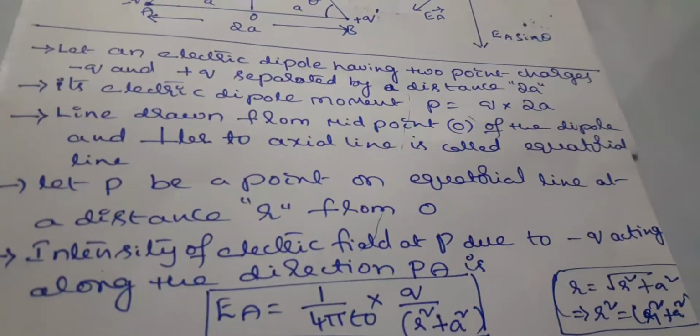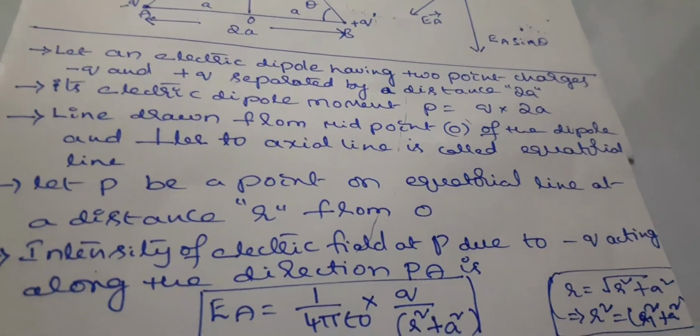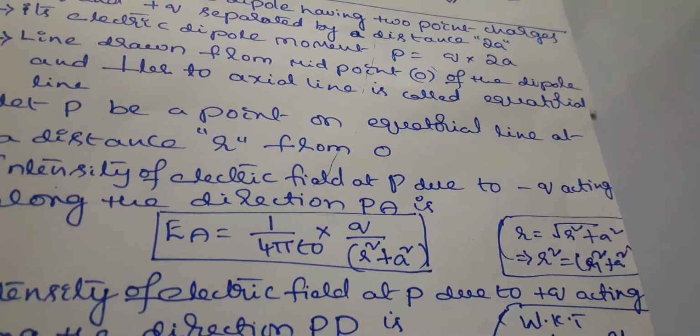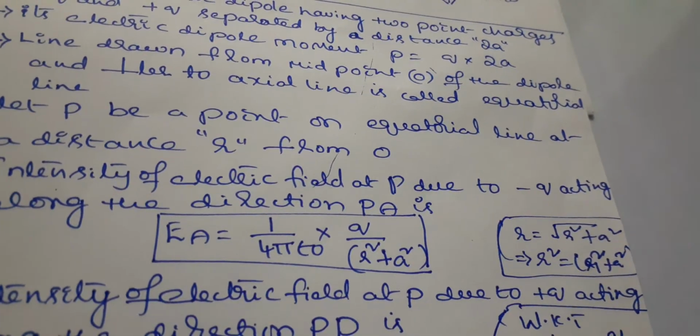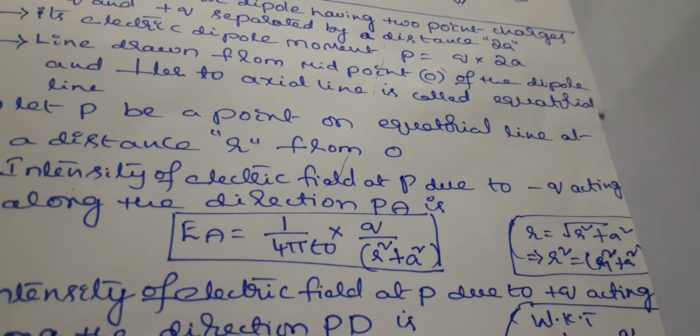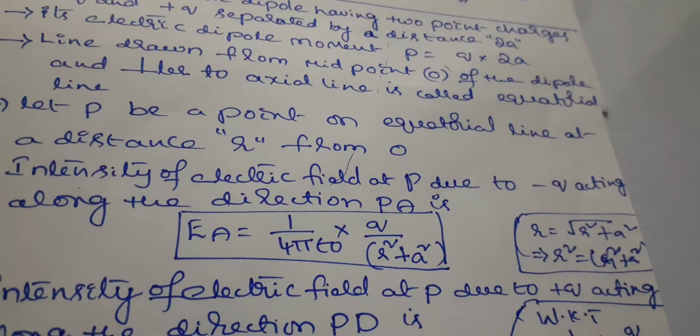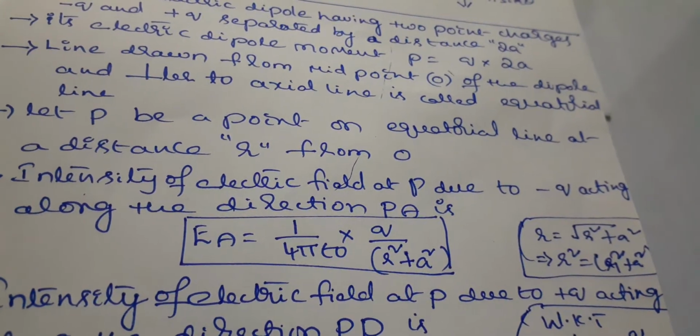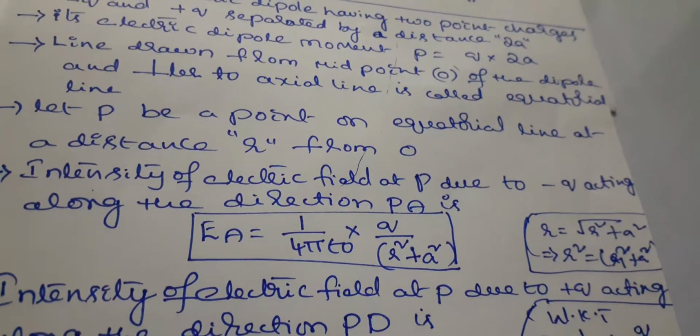So now the intensity of the electric field at P due to minus q acting along the direction PA is given by, so we know that, in the previous videos we explained the formula for intensity of electric field at a point in the electric field.